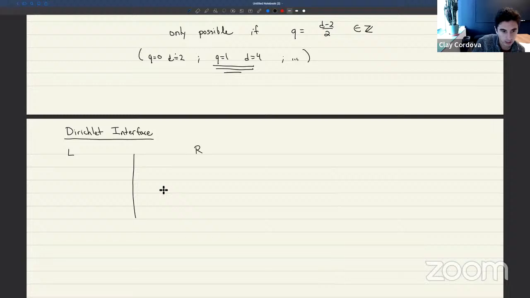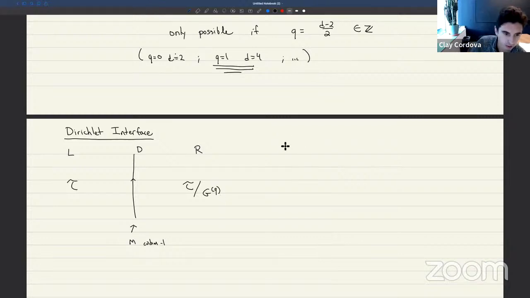This is the right side. This is where we're going to build the defect D. It will be along some manifold M, which is a codimension 1 manifold. So on the left, we'll have the initial theory. And on the right, we'll have the theory where we have gauged this symmetry.